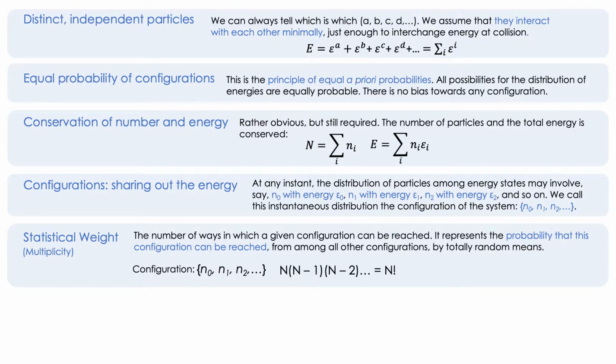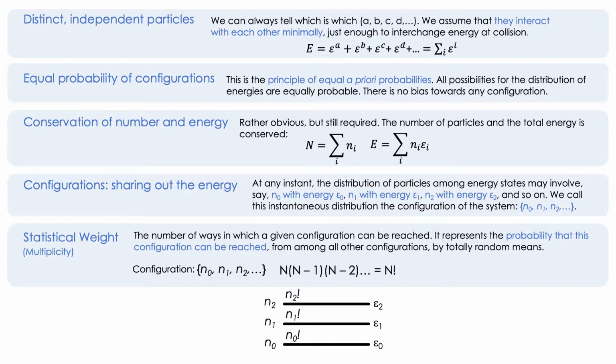So for a configuration in general like this one, we know from our previous discussion that the total number of possibilities would be n factorial. Remember, we already discussed and we are familiar with this exclamation sign. This is factorial. And then if we have, let's say, our three energy levels where our n0 particles go to the E0 energy level, within that state there are actually n0 factorial possibilities.